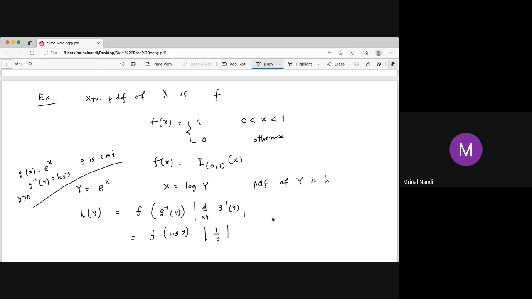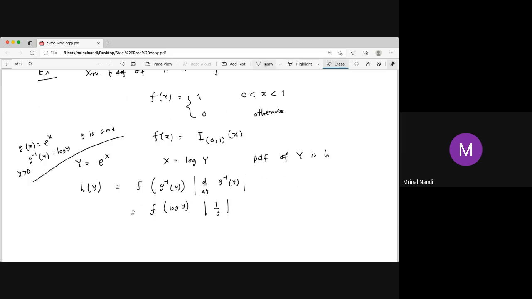And f of log y is either 1 or 0. It is 1 when log y is between 0 and 1, and otherwise it is 0.